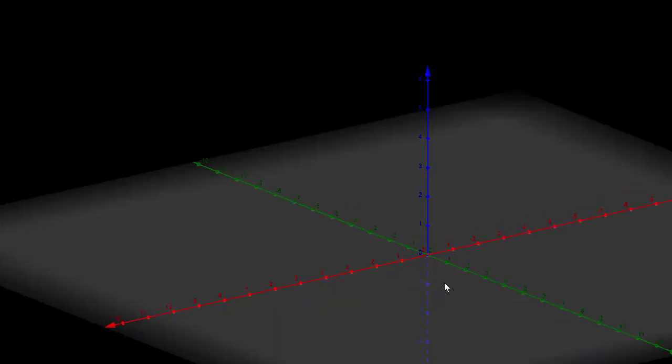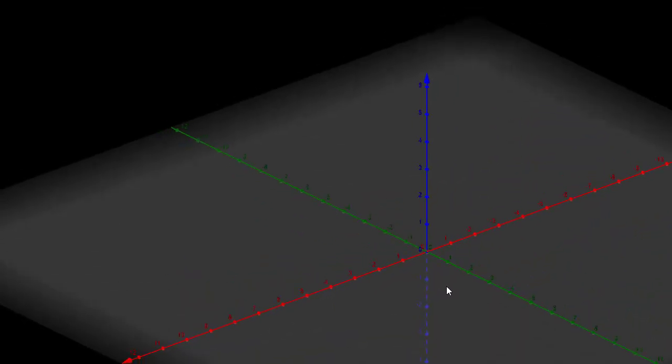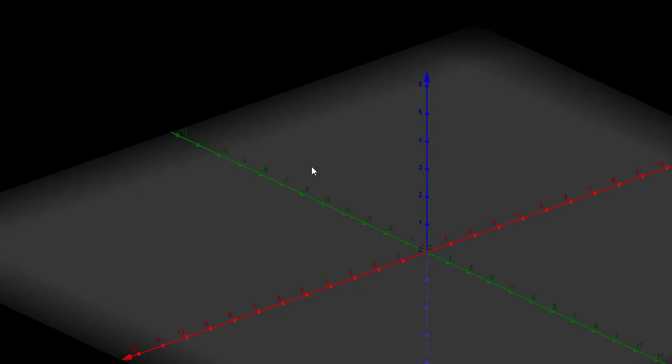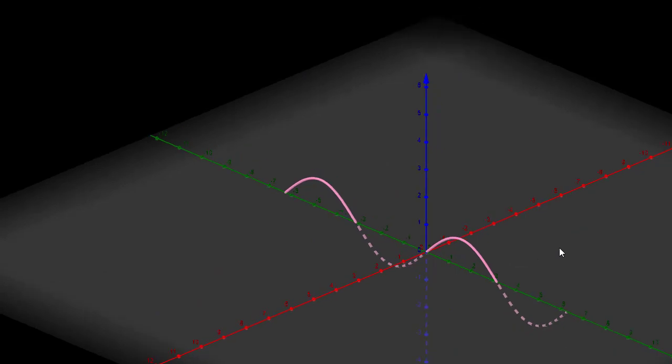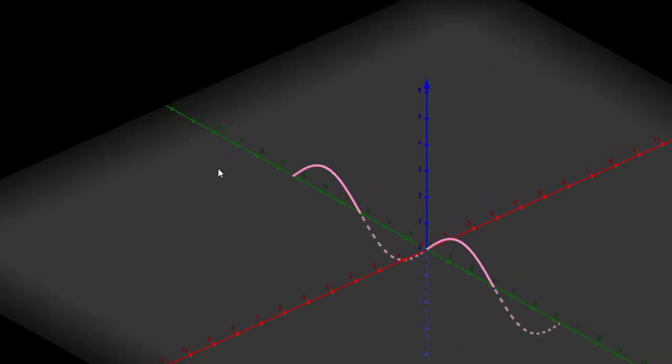All right, and to look at this one on a graph, here's our XYZ space, and when x is equal to 0, we get this. So here it is on the YZ plane. Okay, there's our sine curve.